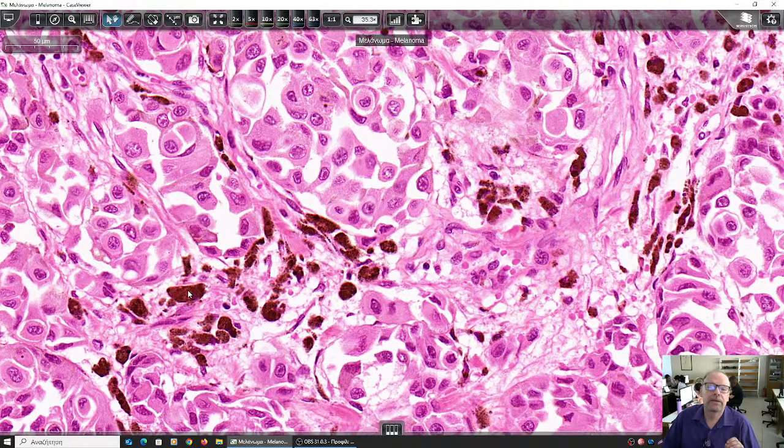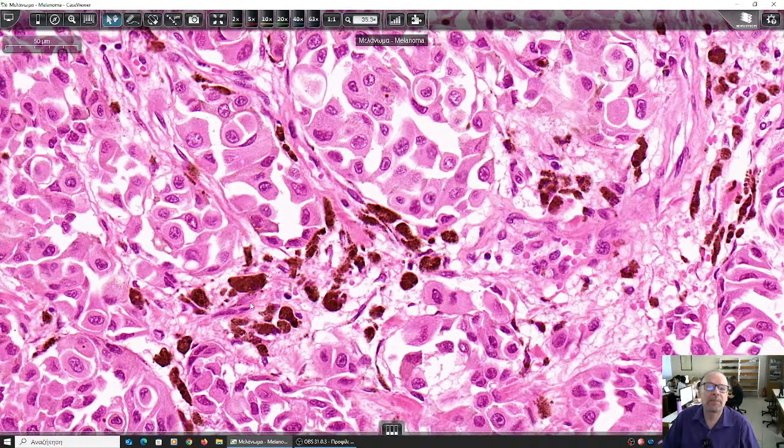Can you tell that they are melanocytic from this melanin presence? Is this a sign of melanocytic differentiation? No, because it's too coarse.